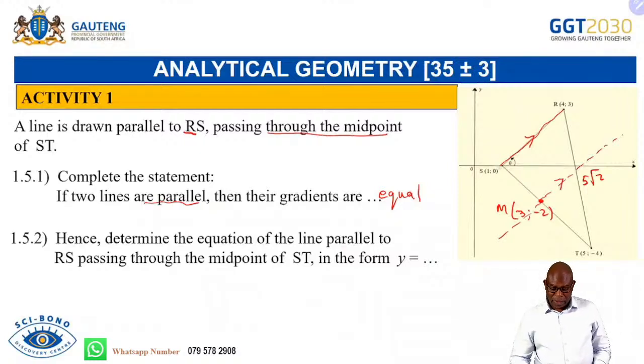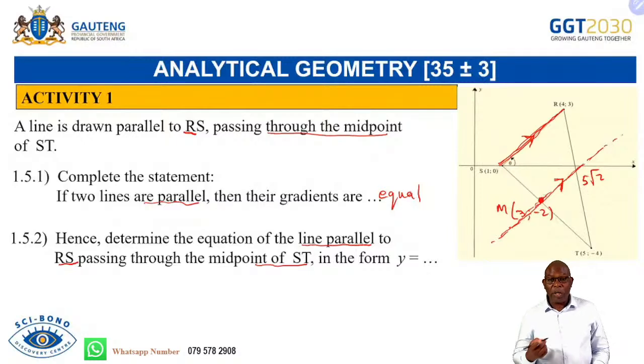So RS is there, but we need the line passing through the midpoint of ST, which is going to be parallel to RS. So we say, hence, determine the equation of the line parallel to RS, which is passing through the midpoint of ST. So we need the point we have here.